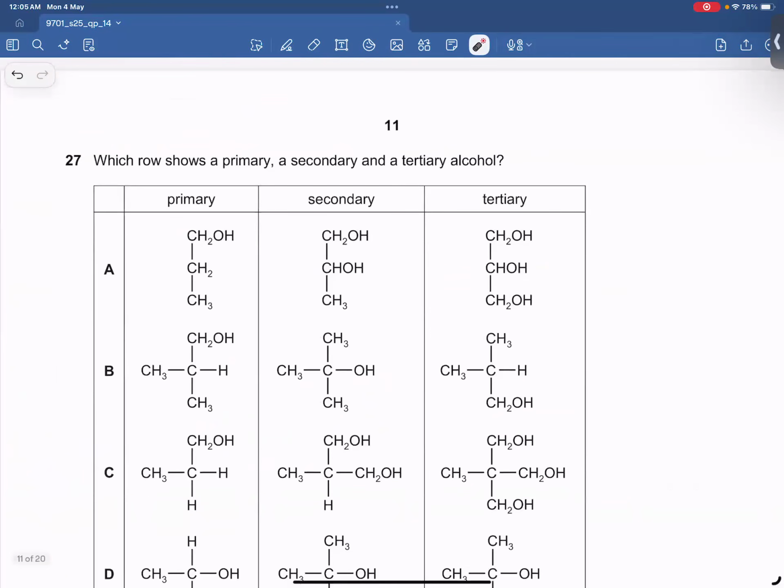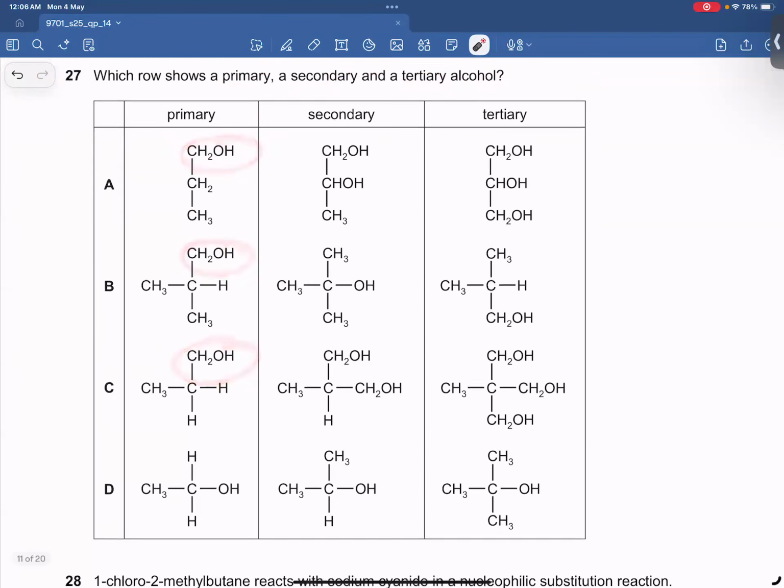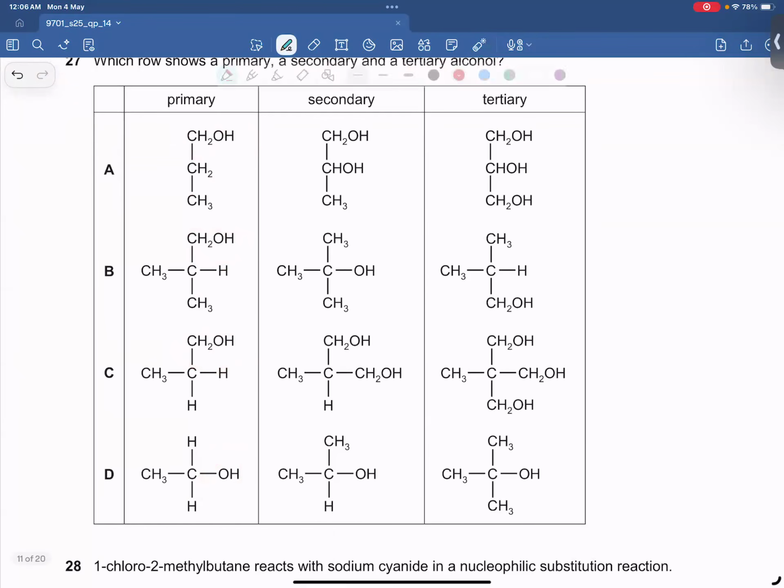Next, question number 27. Which row shows primary, secondary, and tertiary alcohol? This is primary alcohol. This is primary alcohol. This is primary alcohol. And this is primary alcohol. So all of them are primary alcohol. Okay. Secondary alcohol: this is primary and secondary both.